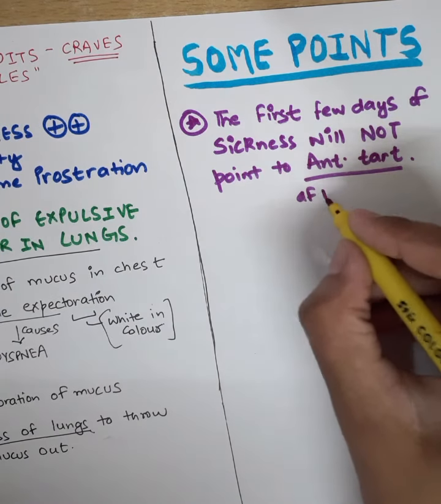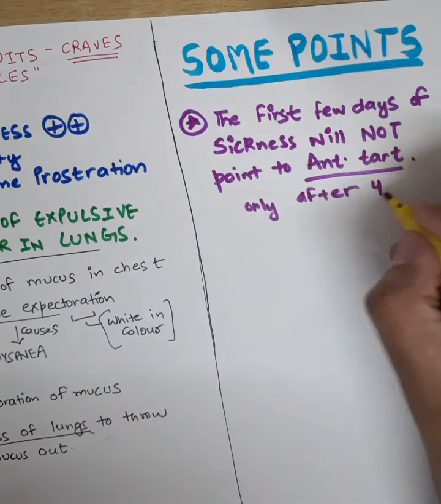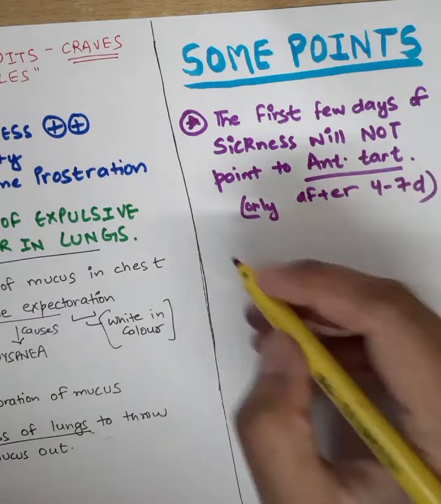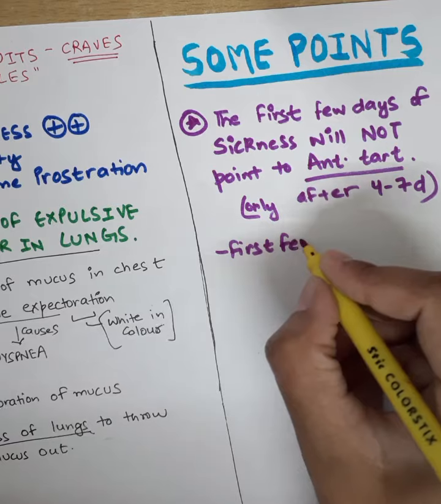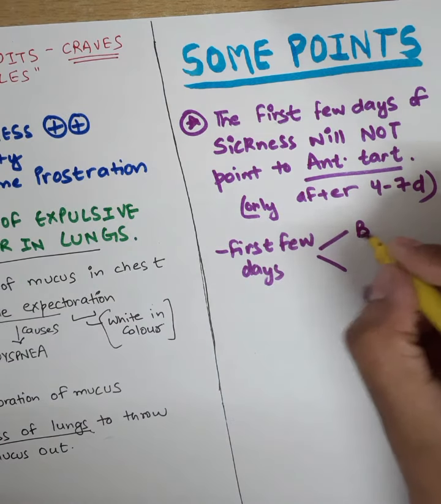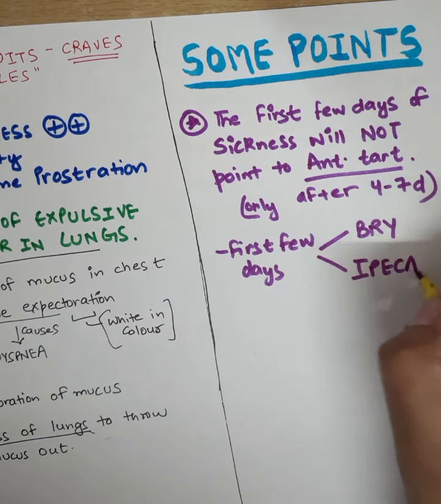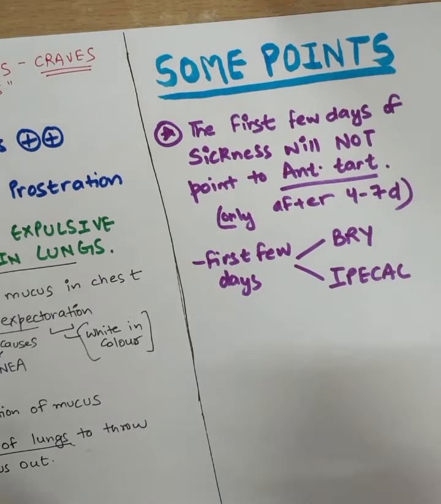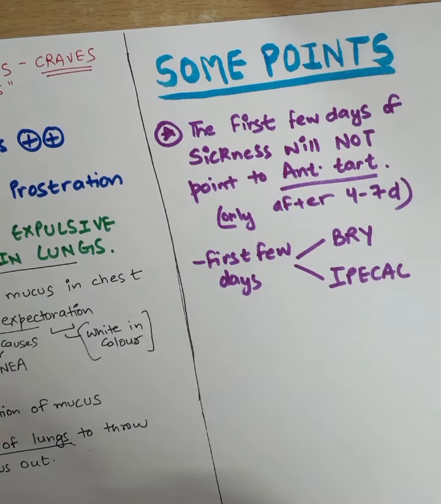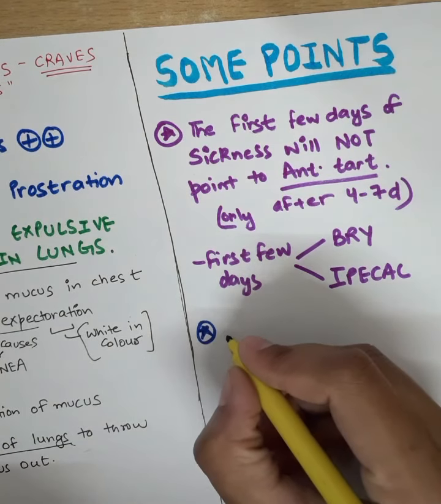Antimonium Tart is not a beginning-of-sickness remedy. It only works after around a week. The first few days usually call for ipecac or bryonia.